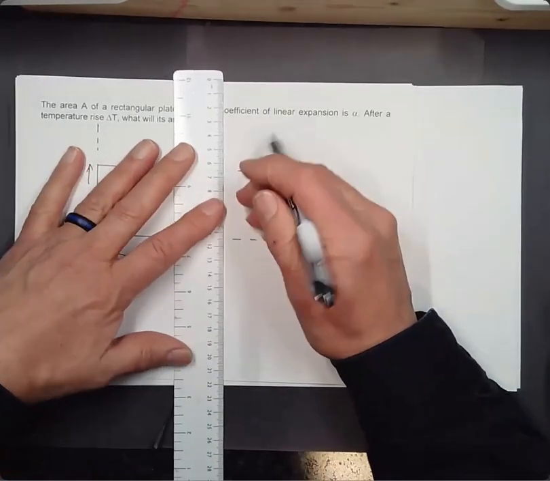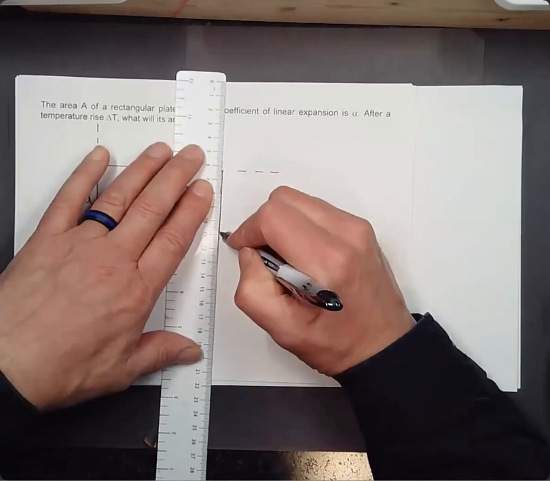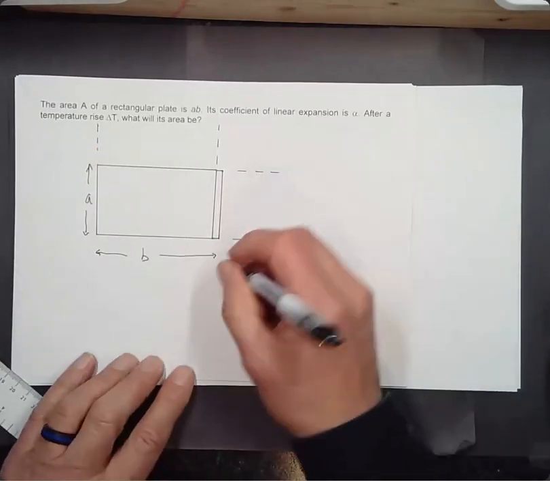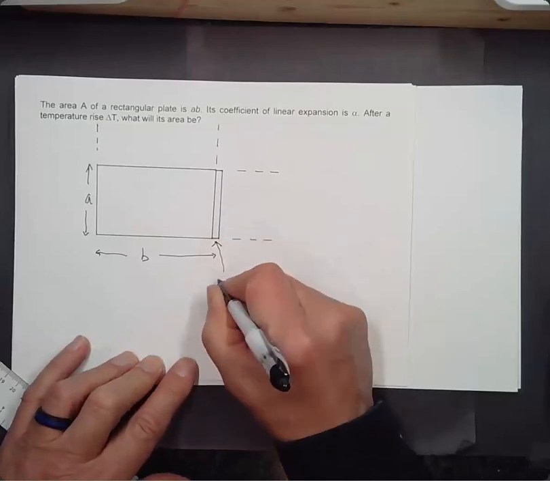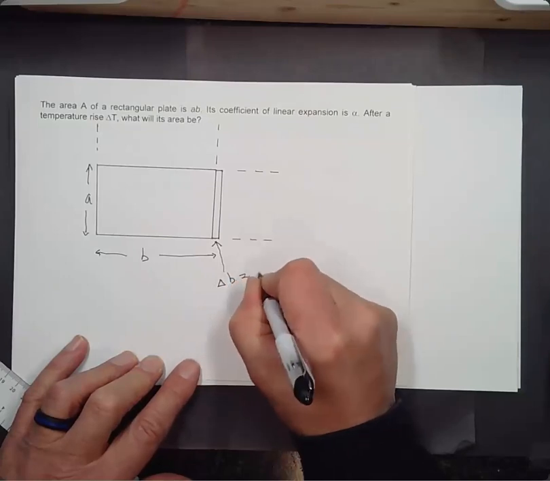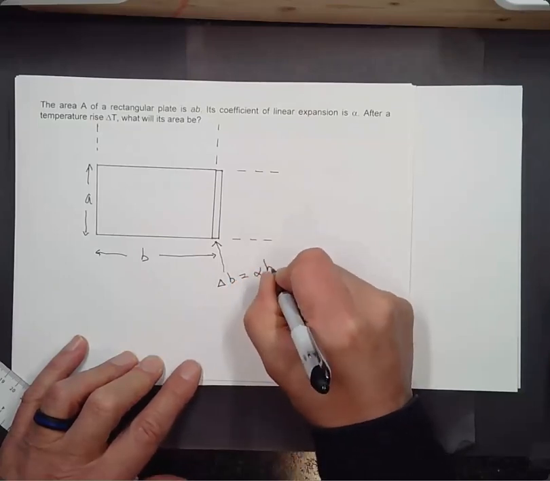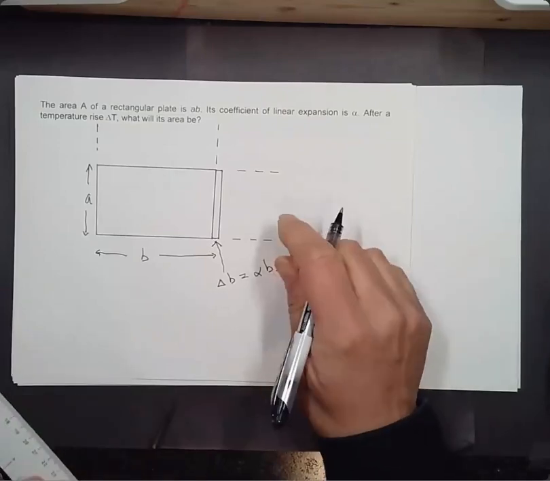We'll have something here, and this amount here is going to equal, I can think of it as delta B, which is going to be alpha B delta T. So that'll be part of it.